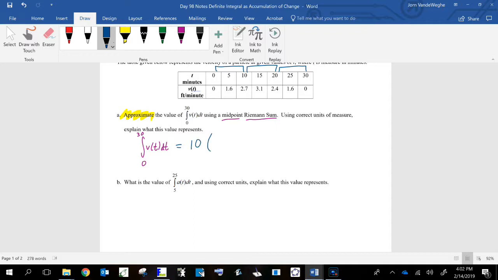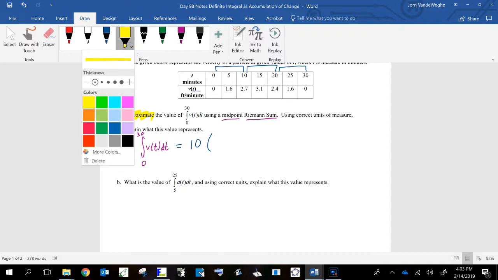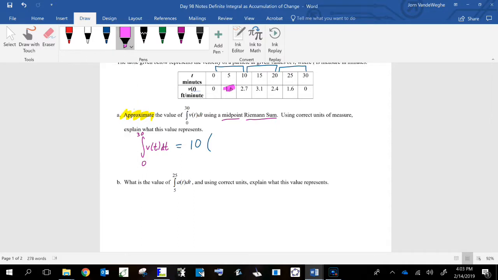The midpoint value is the height of the rectangle, so those are the y values, and those y values are in the middle, midpoint, midpoint, midpoint. Remember, you get a point for setting this up, so make sure you set it up correctly. 1.6 is the first one, 3.1 is the other, and 1.6 again. When you do all the math there, you get 63 feet.